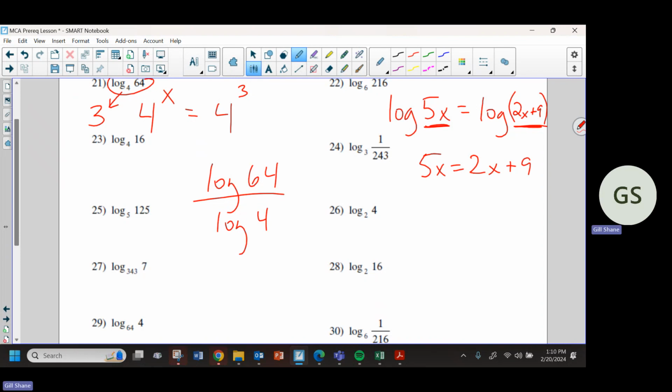So on that worksheet, there are several of them, at least to start off, where all you do is that. The first two are like that. The second two are like that. The third two are not like that.